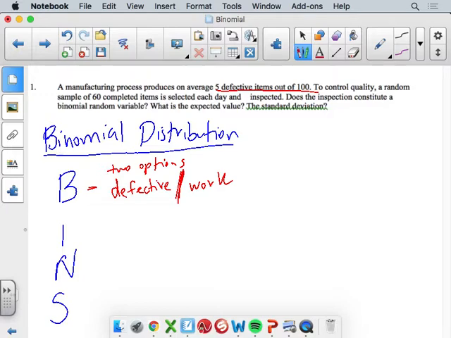Okay, on this one, the I stands for, are the events independent? So, is each item that you're looking at independent from the other one?